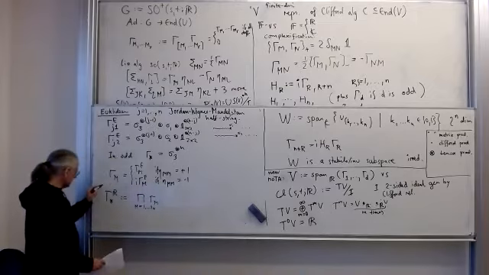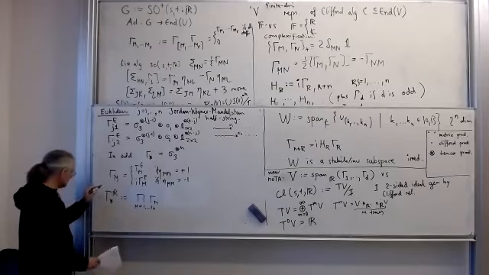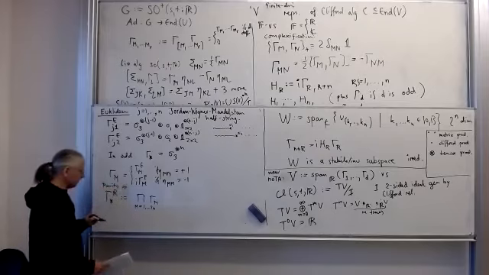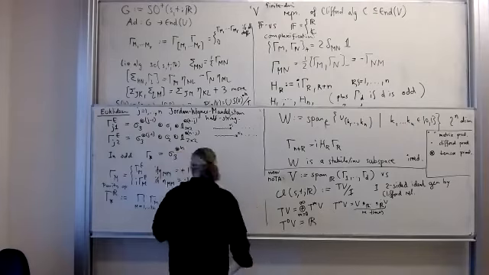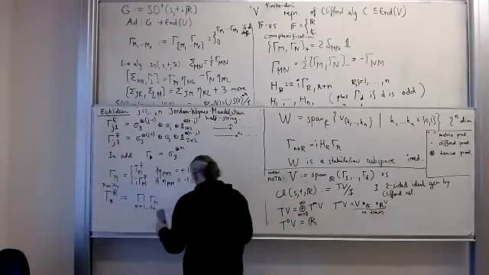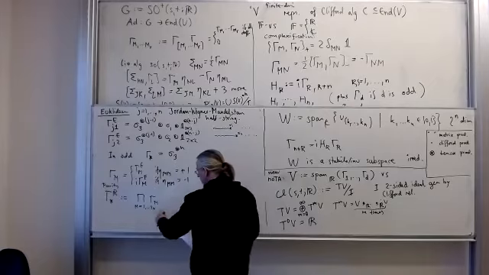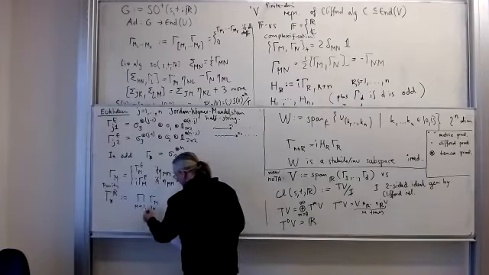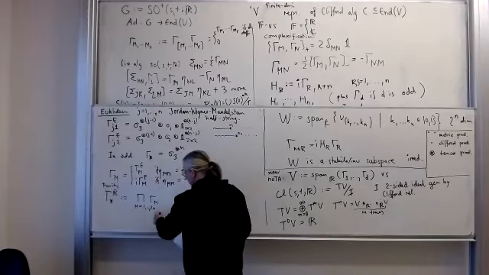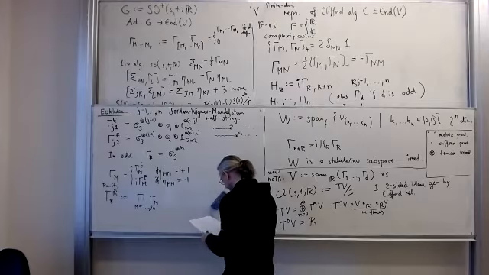So this is the parity operator, and I will only take up to 2n. So if we are in odd dimension, I don't put in the last dimension.